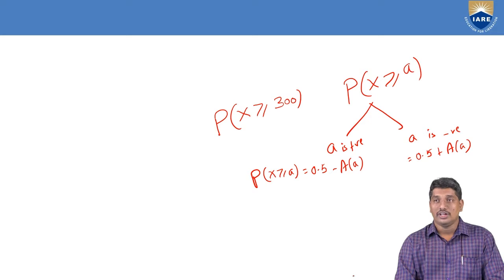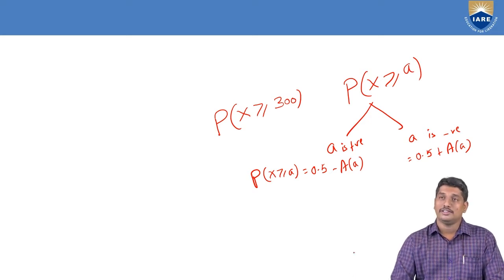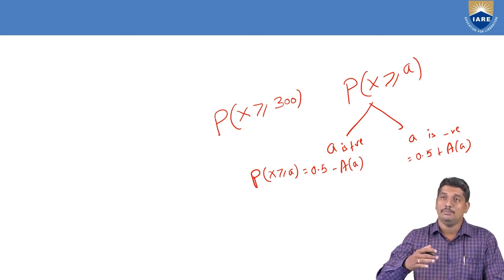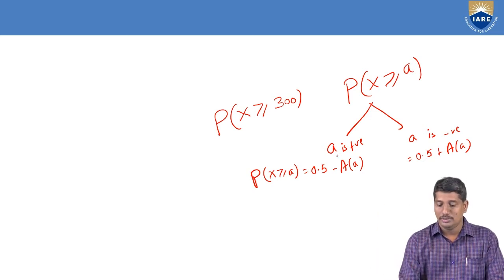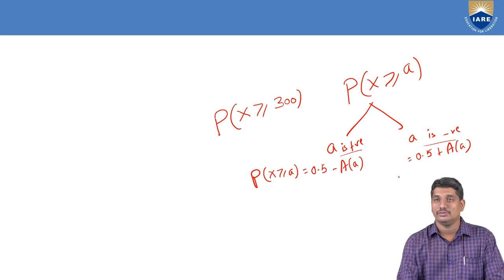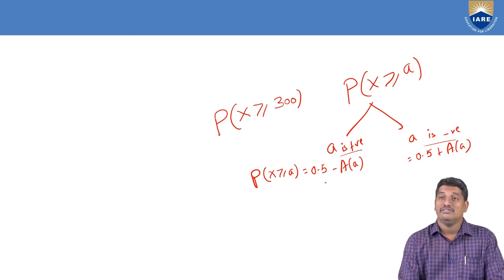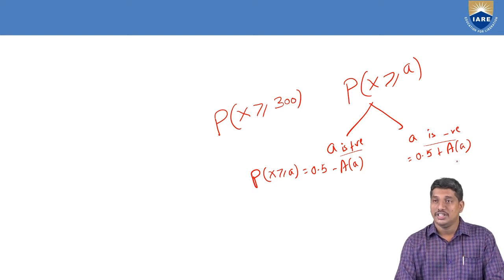So when we are calculating the probability that x will be beyond a limit, there will be two situations: the limit is positive, or the limit is negative. When the limit is positive, we subtract the area from half, and when the limit is negative, we add the area to half.